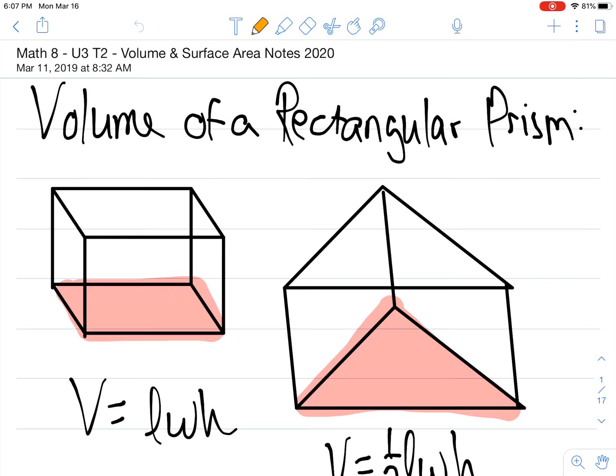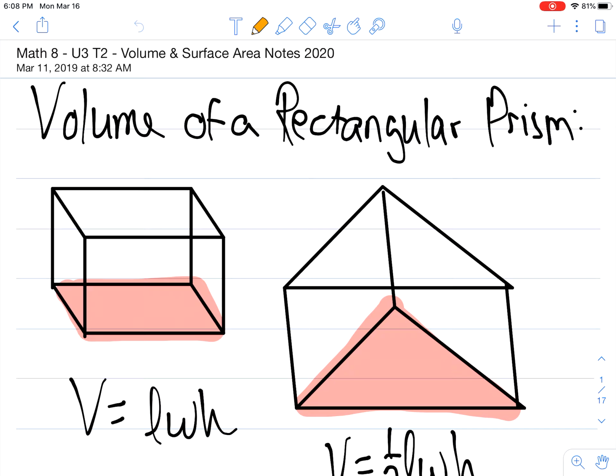And secondly, unless we tell you otherwise, you should round all answers, if necessary, to 3 decimal places. You should use the pi button on your calculator when doing calculations, and you will definitely need your calculator for these problems, okay?